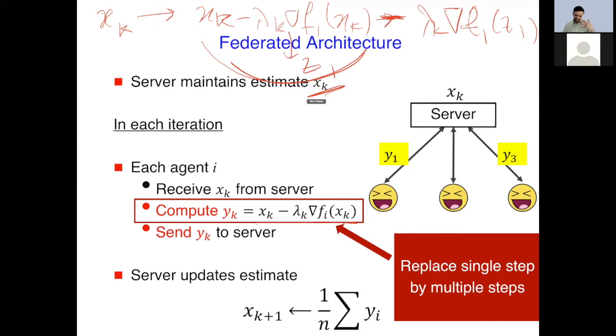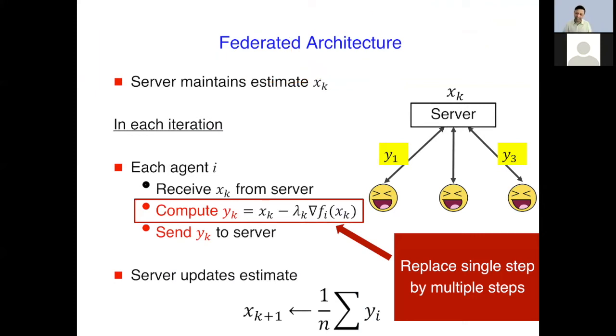So effectively, the agent receives a value xk from the server, and then it just performs two iterations of the centralized gradient descent that we saw in the previous lecture. In this example, two iterations of that algorithm using f1(x) as the cost function. Now you can replace the two steps by 3, 4, 5, however many you want, and then send back the net result of all those steps back to the server.